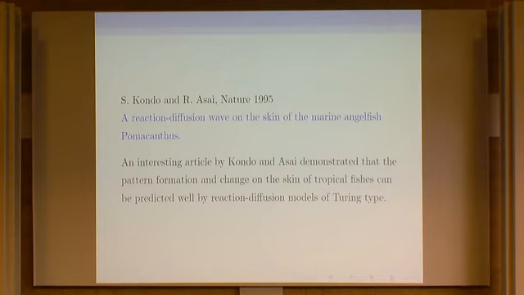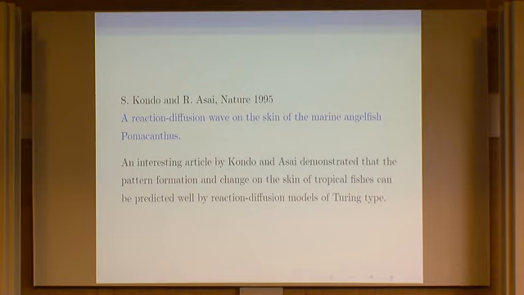There's an interesting article by Kondo and Asai, which was published in Nature. Basically, in their laboratory, they study the reaction diffusion wave on the skin of some tropical fish, and there are patterns on the skin of such fish.